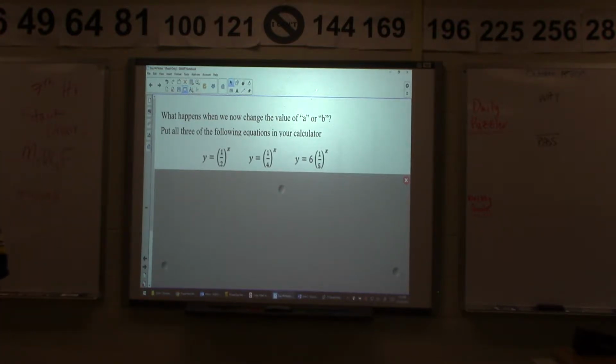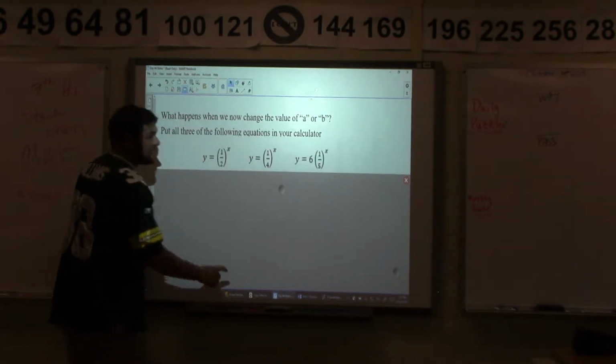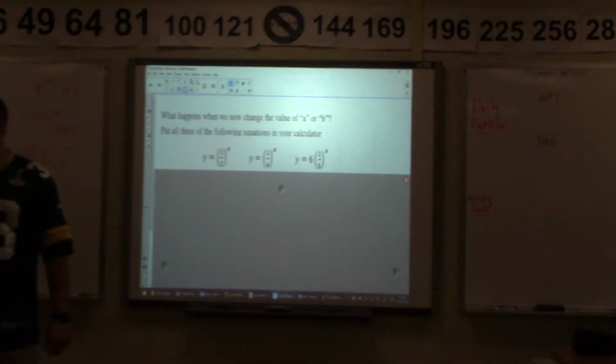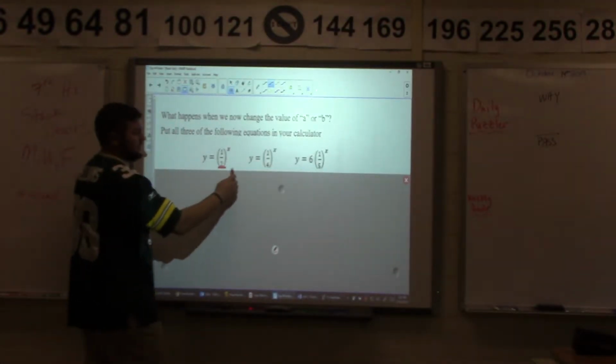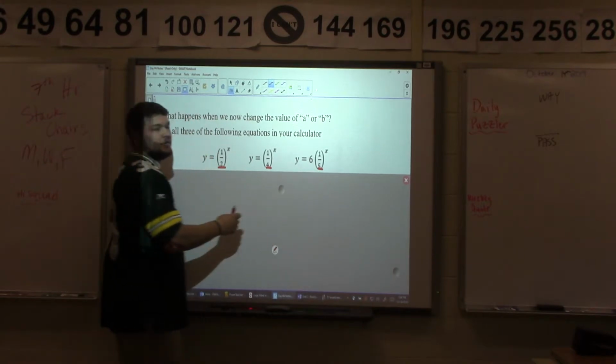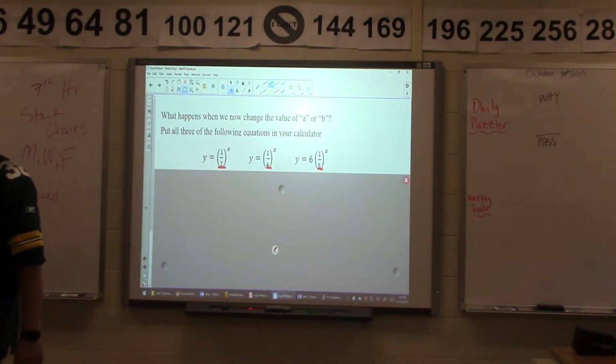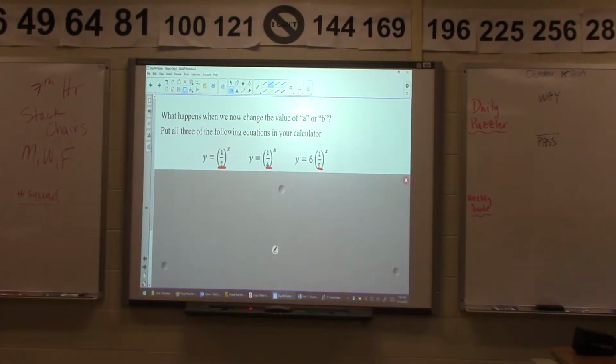Yes. How can we tell that? The b, not just less than 1 though. Be careful when you say that, because that can mean a negative number, right? We know that b is between 0 and 1 for all of those numbers. So once again, b is between 0 and 1.